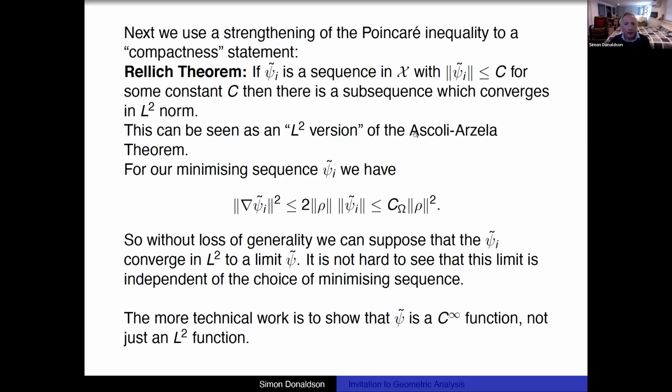So for our minimizing sequence, again going back to the definition of the functional, we have a bound on the L2 norm of our functions. That means that without loss of generality, we can suppose that our minimizing sequence converges, at least in the L2 sense, to some limit. And it's quite an easy exercise to see that this limit is independent of the choice of minimizing sequence.